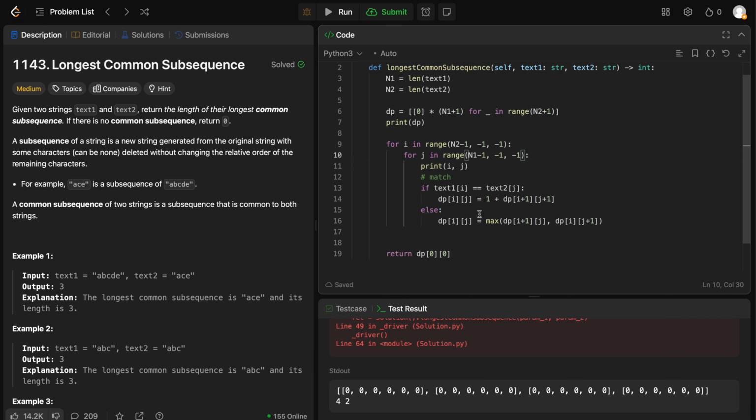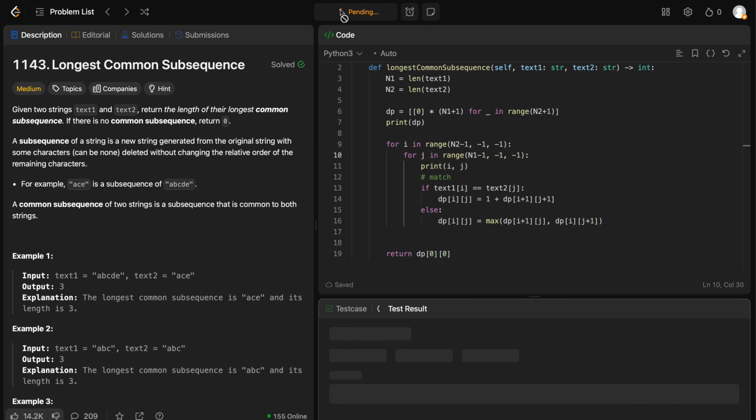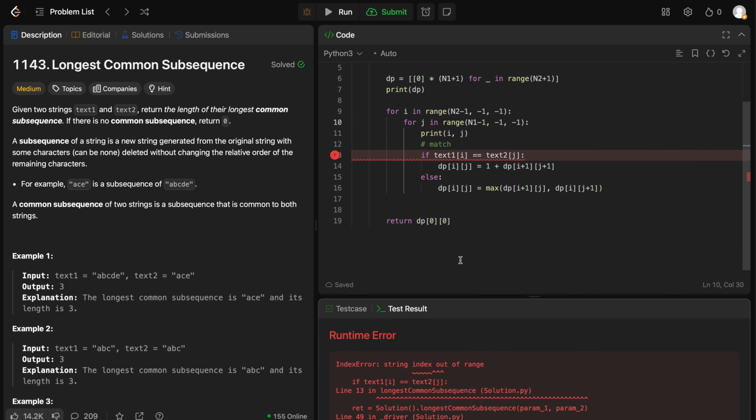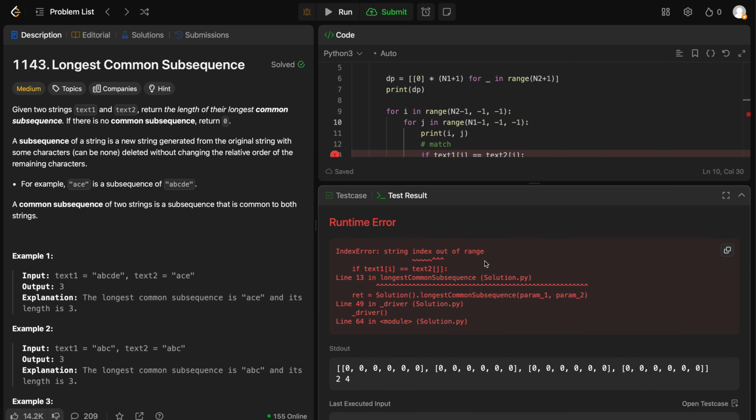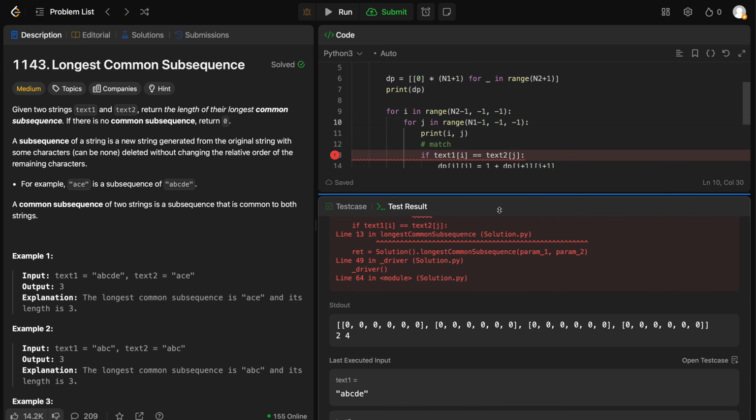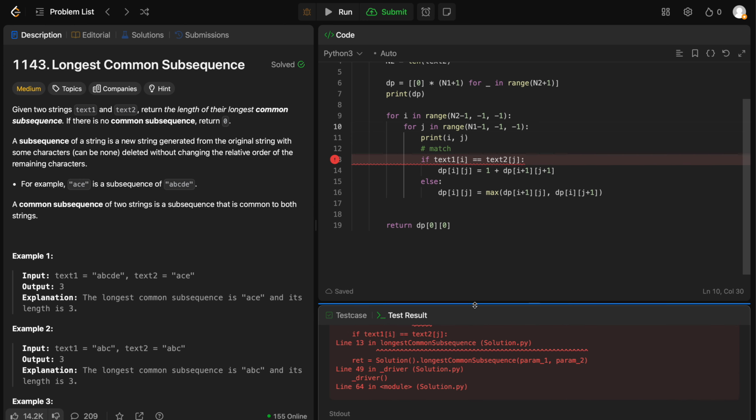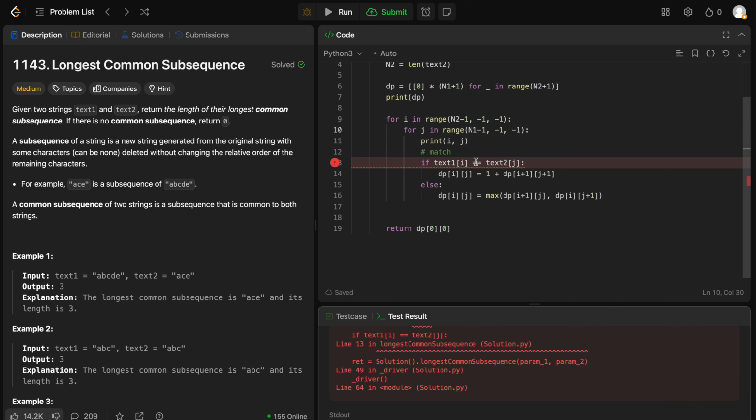If this part is correct, I think this is the problem, or okay. Messed it up again. So this is the problem, but this is problem.